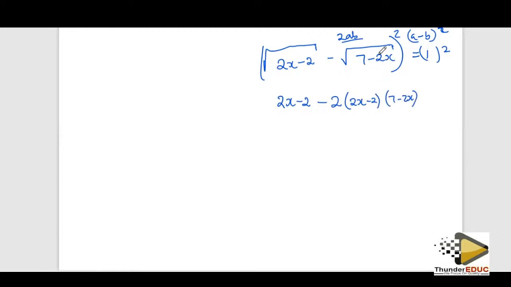And then lastly, for the last part squared, I'll have plus 7 − 2x is equal to 1. And then from there, what do I need to do? I need to open up my brackets.